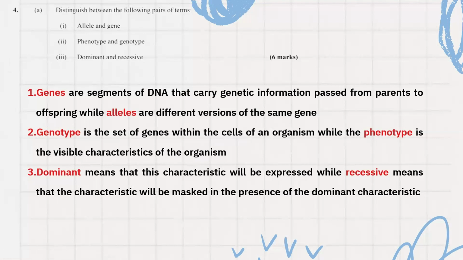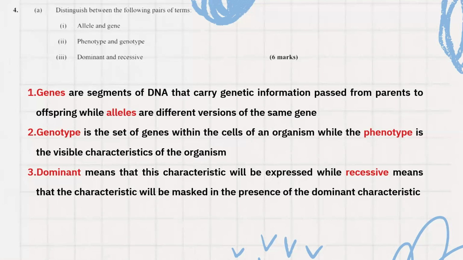So all of your characteristics that were not influenced by the environment are what your genotype says you have to show. The third thing, dominant means that this characteristic will be expressed, while recessive means that the characteristic will be masked in the presence of the dominant characteristic.